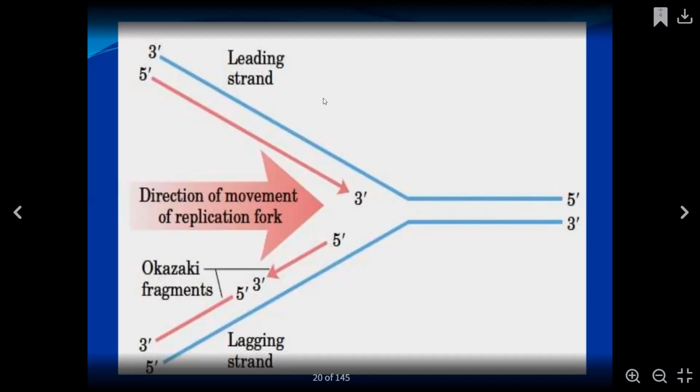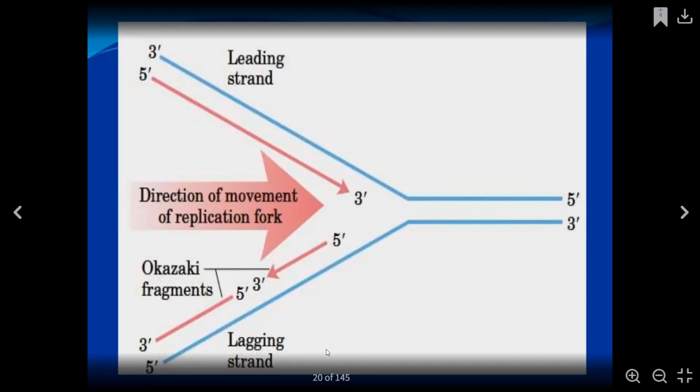Students, most of the students get confused between the leading strand and the lagging strand. The leading strand will have the replication, like the synthesis of the daughter strand, without any obstacles or hurdles. That's why it is a leading strand. And as you can see, it starts from 3' to 5'.